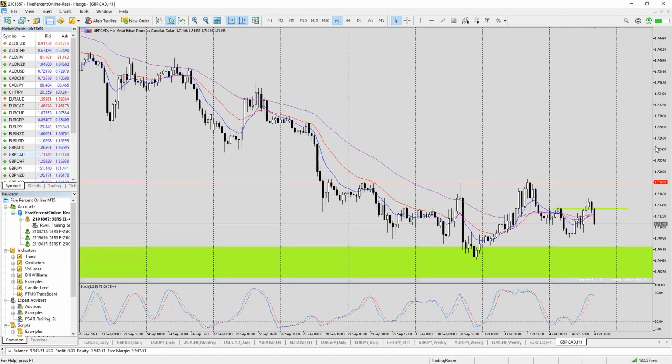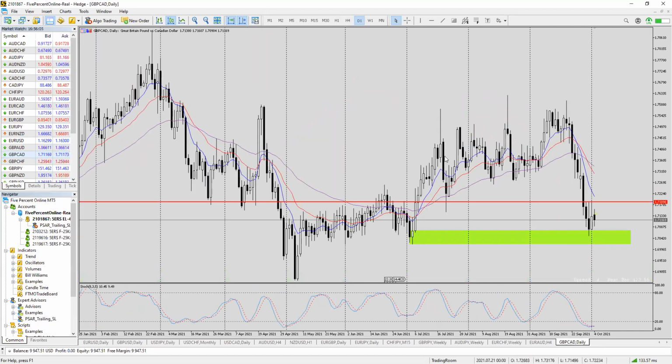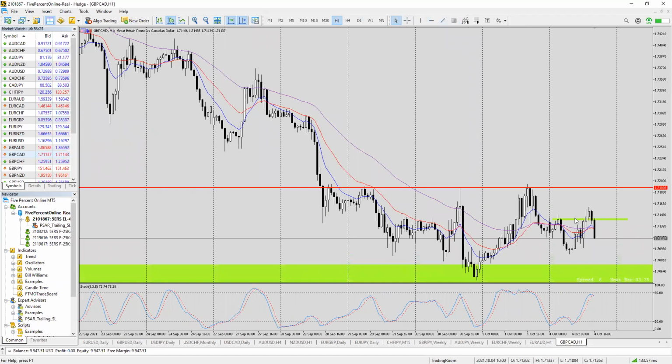Now, if it closes below this low or below this demand zone, then the story, as always, is completely different. And then we could expect a move even lower to this demand zone. Not much, but this could happen as well. So it's interesting to see whether we're forming an inverse head and shoulders pattern here.